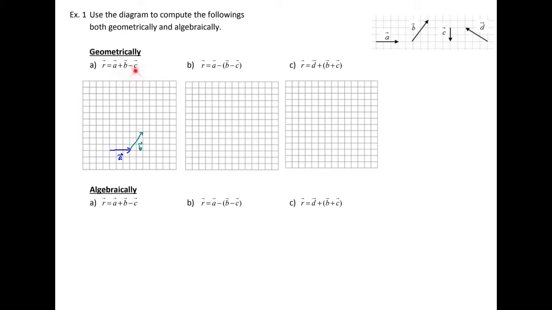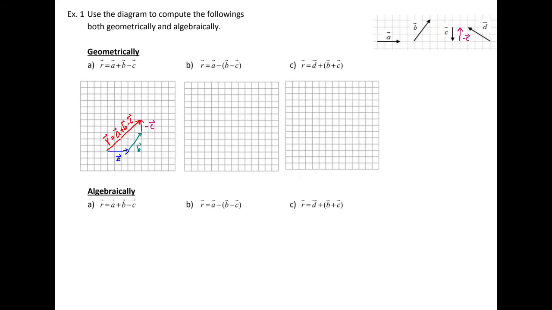So minus vector C really means adding the opposite of vector C. If we switch the tail and the head, it becomes negative C. And we're going to put the tail to the head of the green vector B. Now we can find our resultant from the tail of vector A to the head of vector negative C. So this red vector is our resultant of vector A plus B minus C.